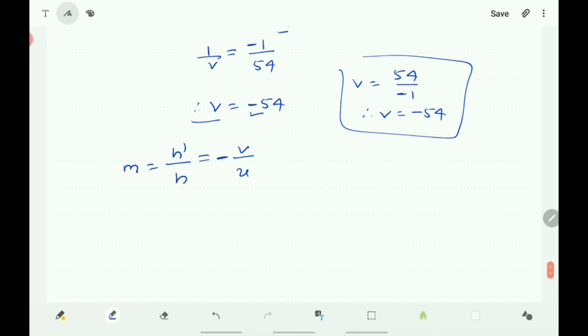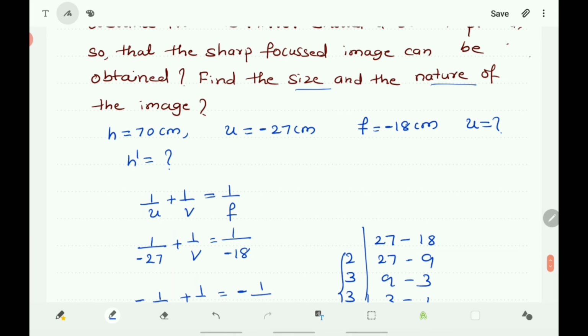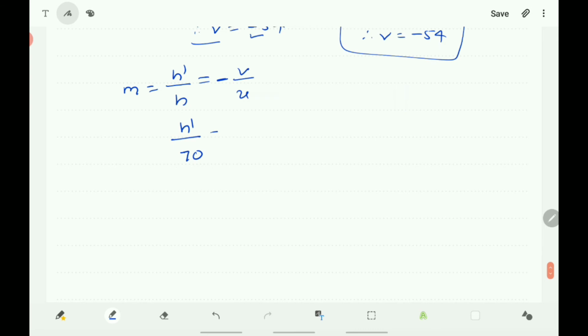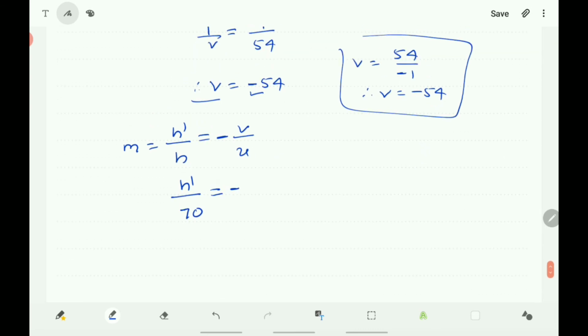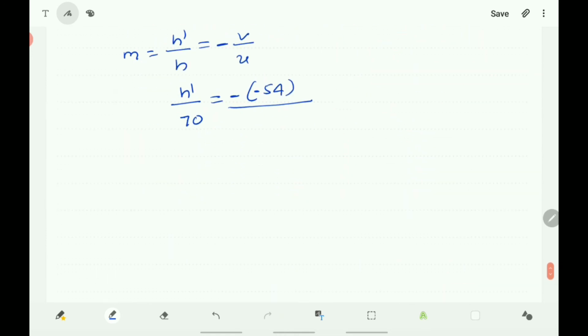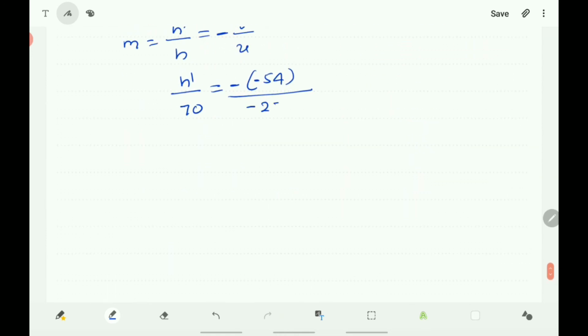So here h dash by h, with h given as 70, is equal to minus v, that is minus of minus 54, and u is the object distance, that is minus 27. So h dash by 70 is equal to minus of minus 54, that is 54, by minus 27.